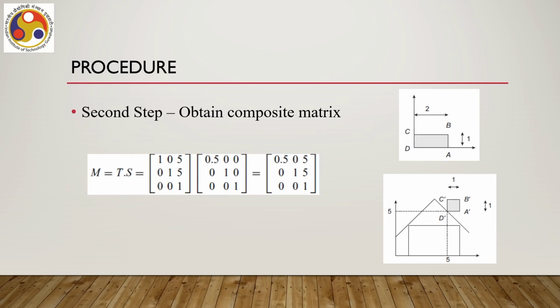And then we perform a matrix multiplication of those transformations. So, if we do the same for our example, we can obtain the composite matrix by multiplying these two, translation followed by scaling. So, right to left, then we multiply these two.